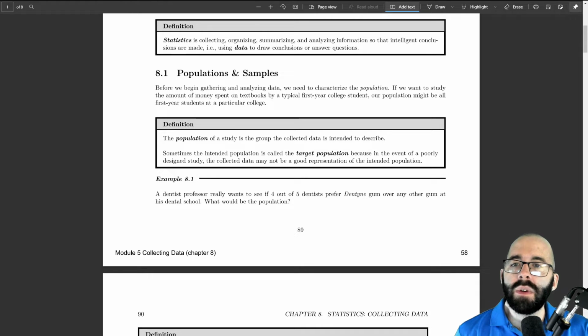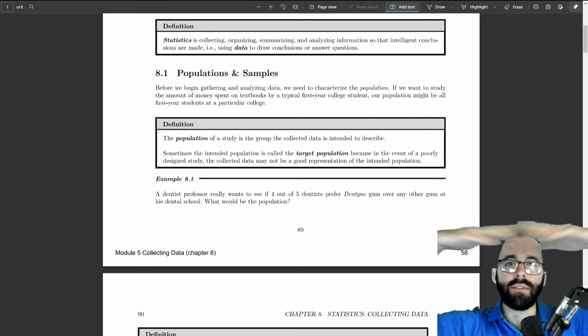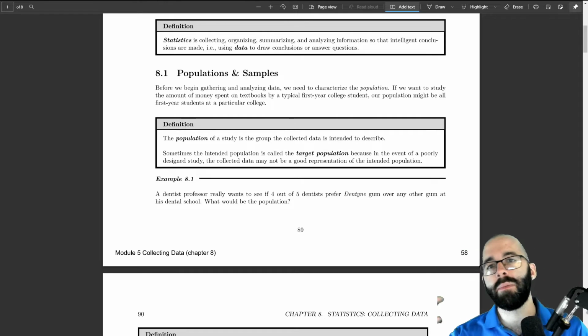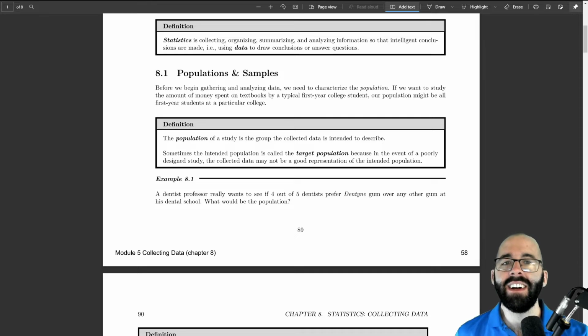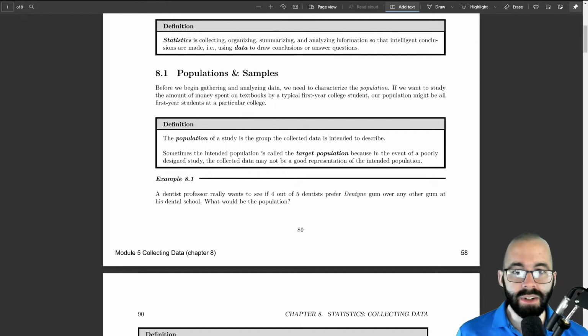those sorts of things. So we're going to start by talking about populations and samples. Okay, so the short answer is the population is everybody, and the sample is the people that we can ask, because in reality, we can't ask everybody everything that we want to know. Okay. So if we want to study the amount of money spent on textbooks by a typical first year college student, our population might be all the first year students at a particular college.